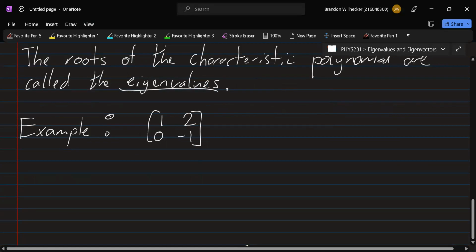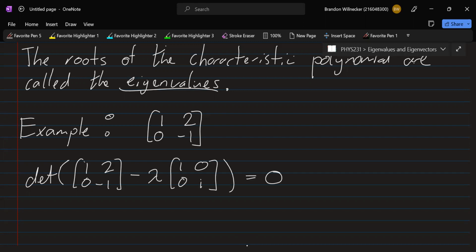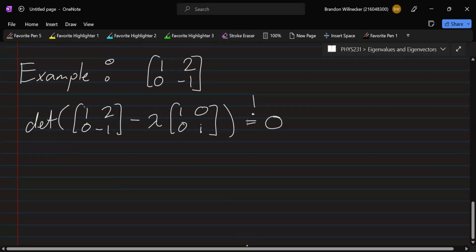Okay, so let's go. So what we want is the determinant of this matrix. So 1, 2, 0, minus 1, minus lambda times the identity. So in this case, the identity will be the 2 by 2 identity, and we want this to be 0. Okay, that's how we get our non-zero solutions from this.